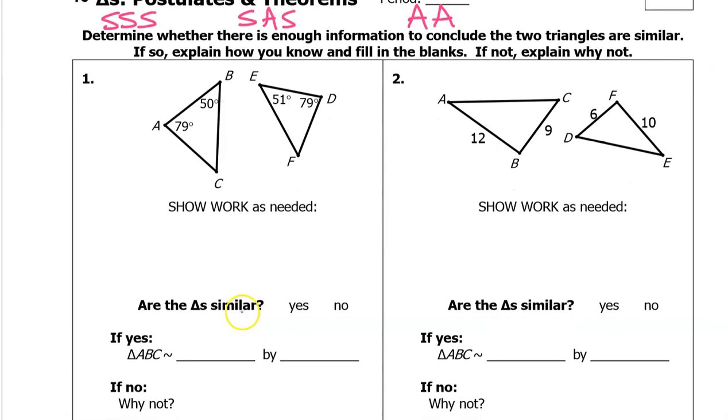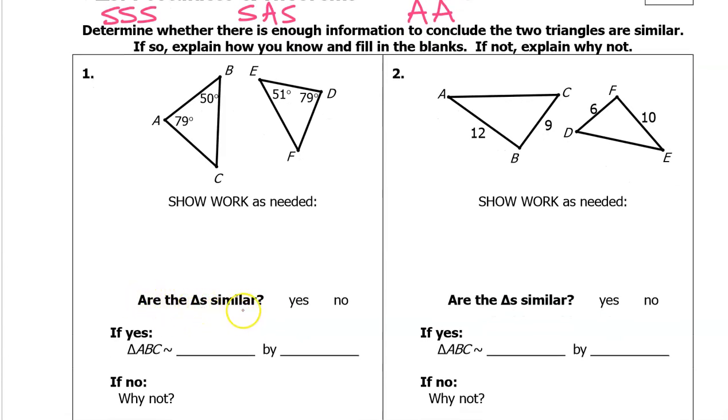So looking at problem number 1, are the triangles similar, yes or no? Well, let's start by finding the missing angle for each triangle. We know that the sum of the angles in a triangle has to add up to 180.